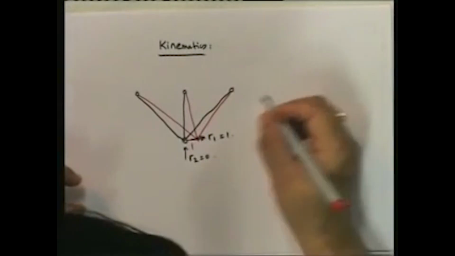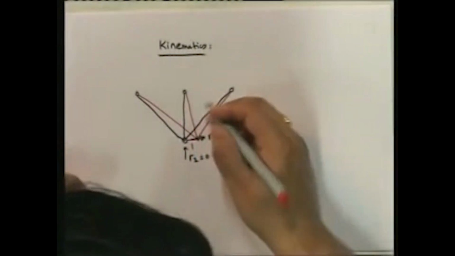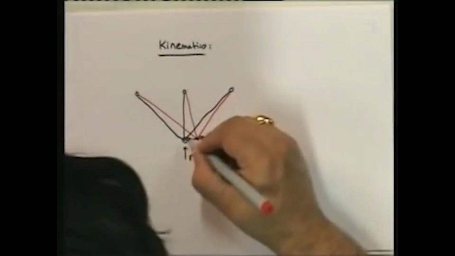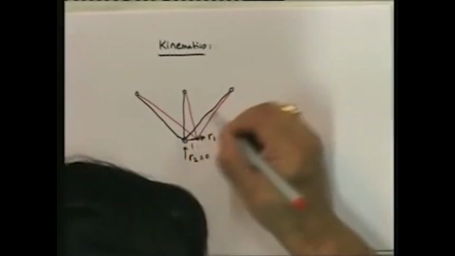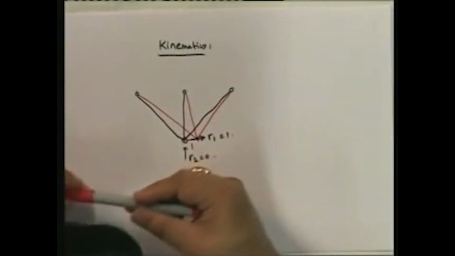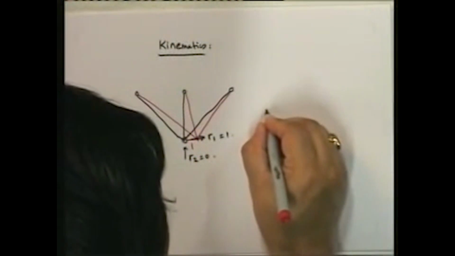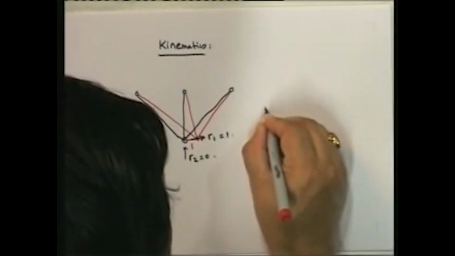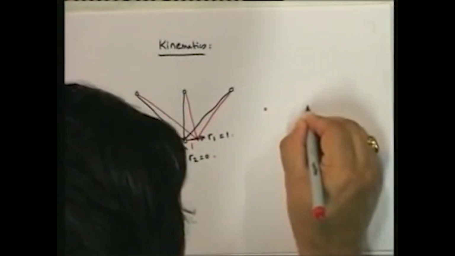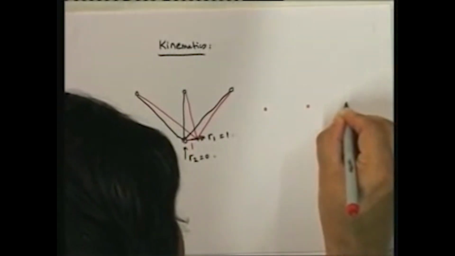Now I need to find out elongation. How do I find out elongation? Well, I drop a vertical along this direction, and when I drop, I'll show this a little bit better because it gets a little bit complicated. So let me draw it properly. Otherwise, you'll have a problem.